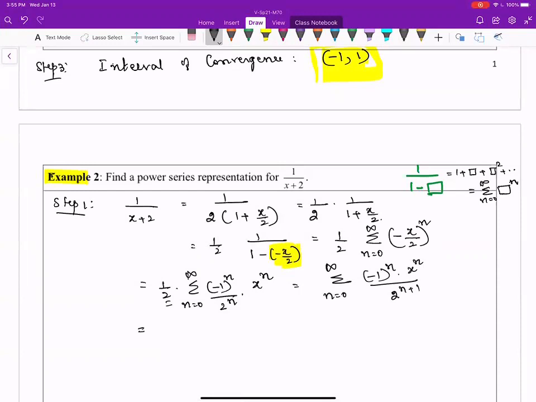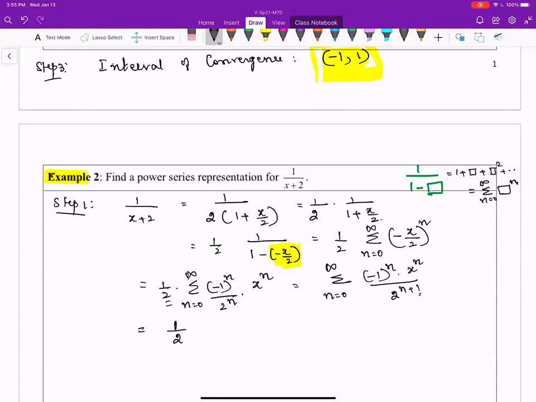So if we expand and write, we can give values successively for n equal to 0, n equal to 1, and so on. When you give successive values here, n equal to 0 is going to be x to the power 0 over 2 to the power 1, so it's going to be 1 over 2.